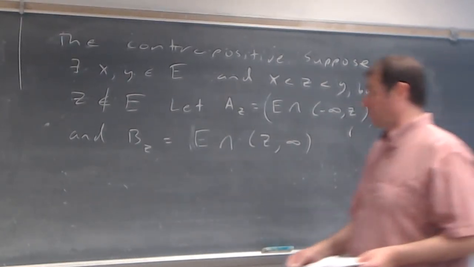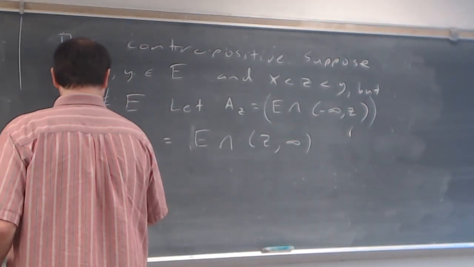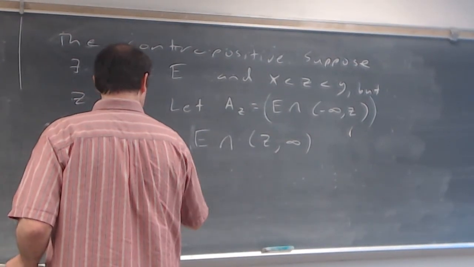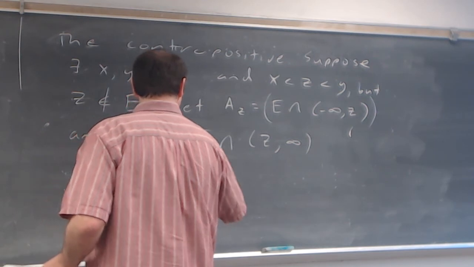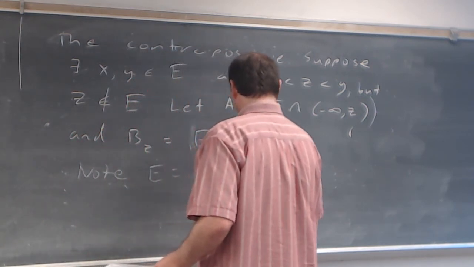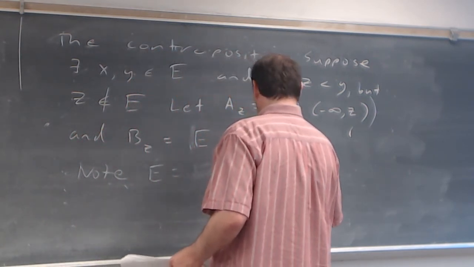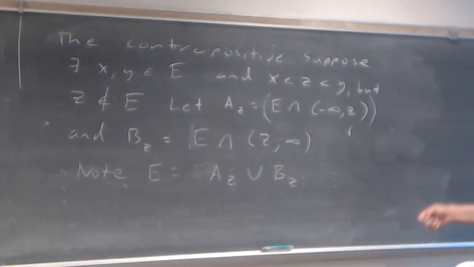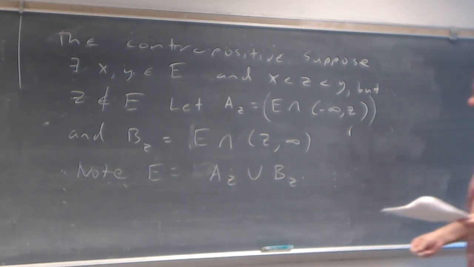The first thing we should note is E is equal to the union of A sub z with B sub z. And so what we're going to show is that A sub z and B sub z are separated. Okay.